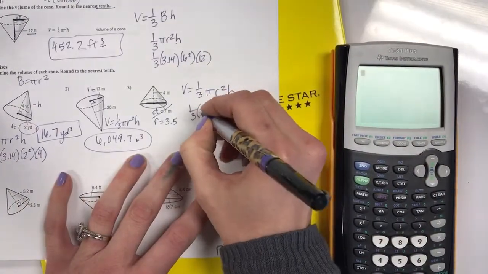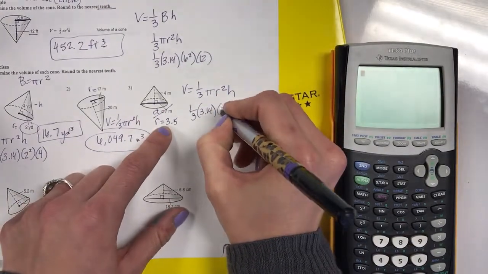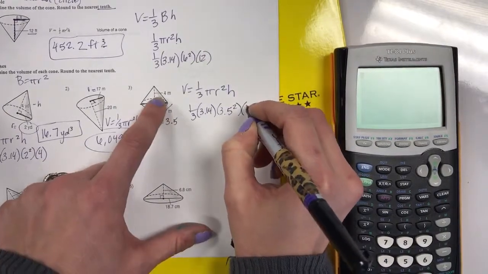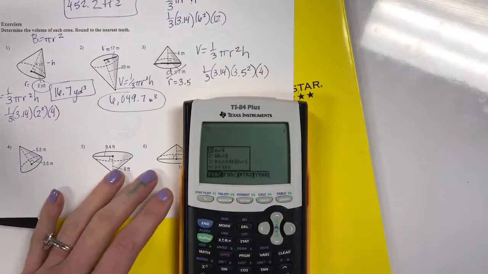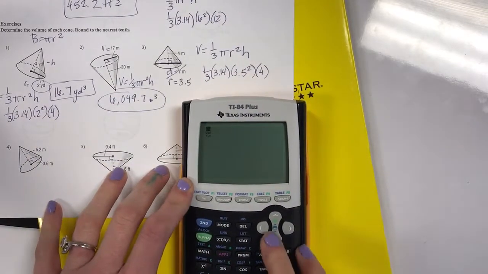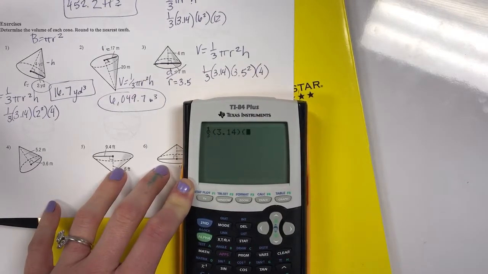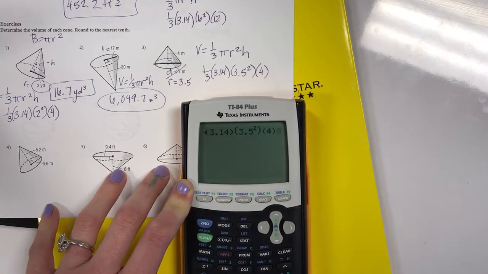So half of 7 is 3.5, and then plug in all the numbers. 1/3, 3.14, the radius, 3.5, not 7, squared, and then the height is 4. So again, alpha y equals, enter 1/3 times 3.14 times 3.5 squared times 4.